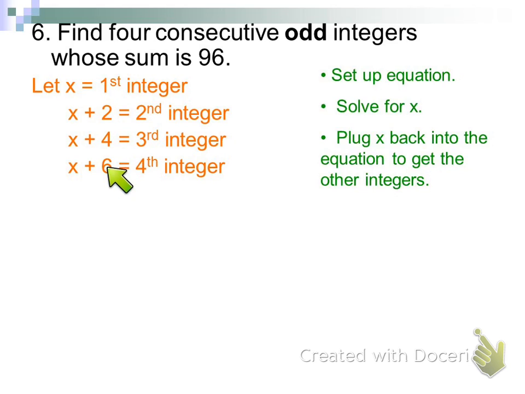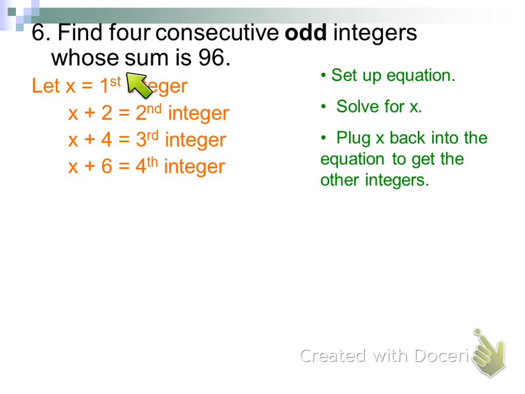If you're just looking for integers, they're going up by 1. If you're looking for odds or evens, they're going up by 2. The only difference is when we solve, x should be an odd number. If the question said evens, once we solve it, x should be an even number. So that's kind of the way you catch odds versus evens. The setup is the same.